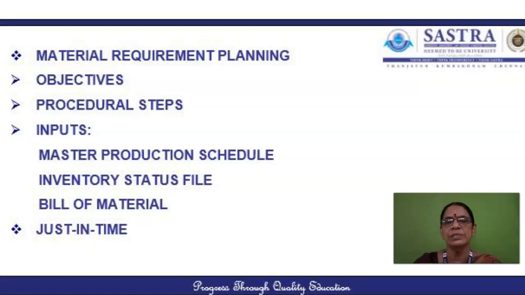Then the bill of materials. To schedule the production of an end product, the MRP system must plan for all the materials, parts and sub-assemblies that go into the end product. The bill of materials file in the computer provides this information. The bill of materials file identifies each component by its unique part number and helps processing by a process which will explode the end item requirements into component requirements.